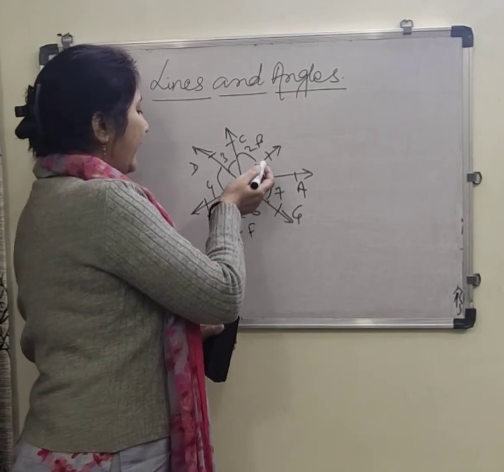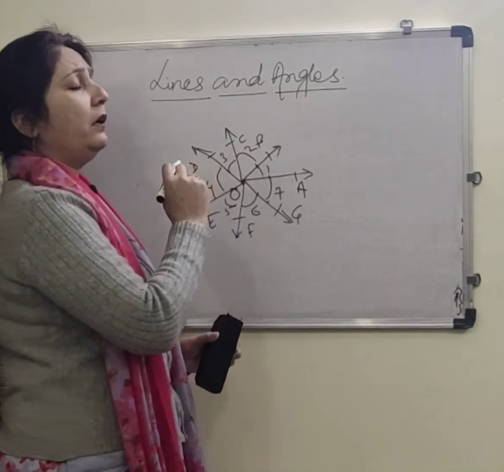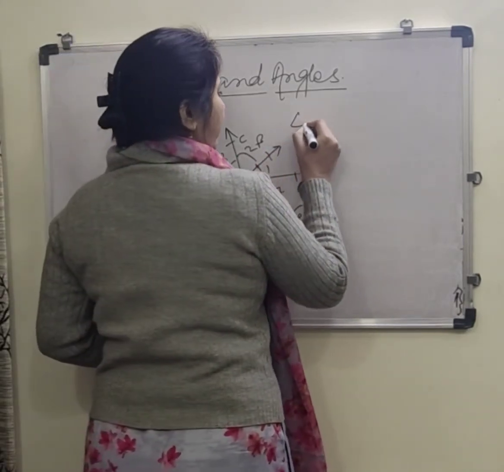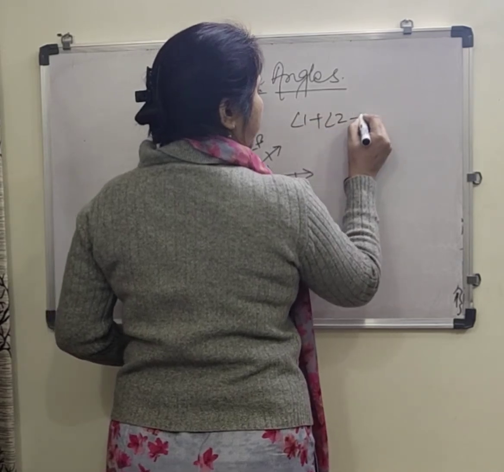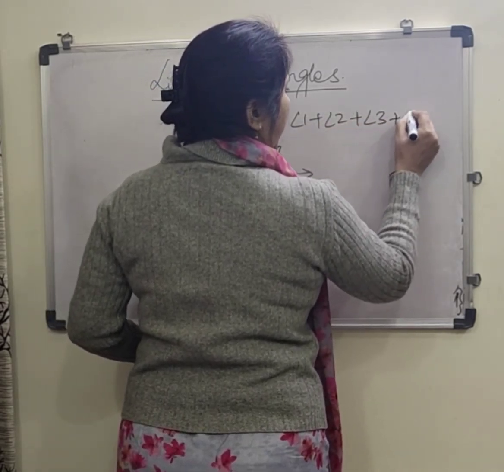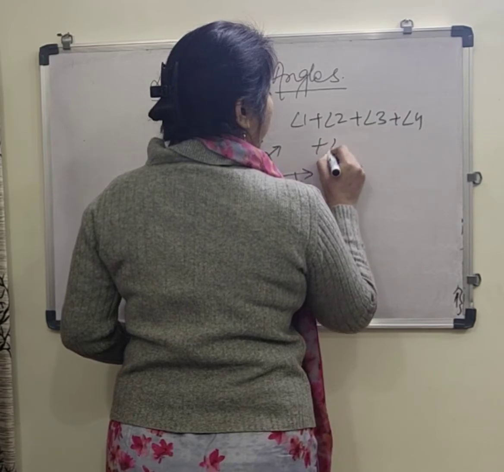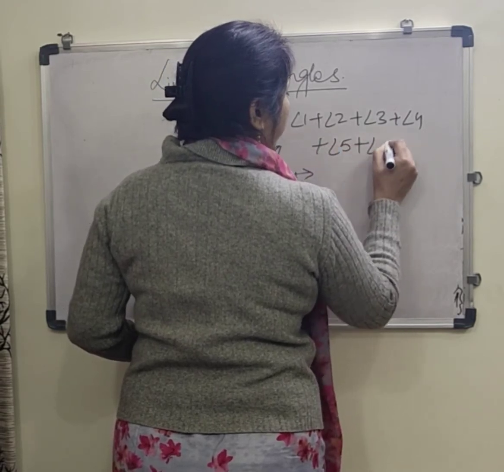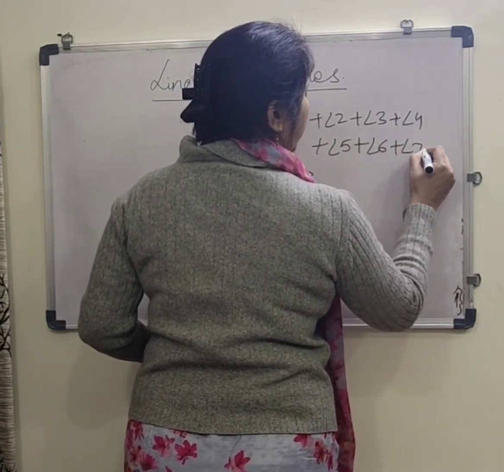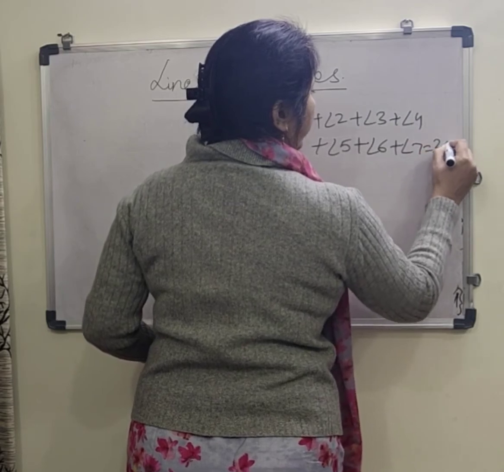As all these angles are around a point, angle 1 plus 2 plus 3 plus 4 plus 5 plus 6 plus 7 is equal to 360 degrees.